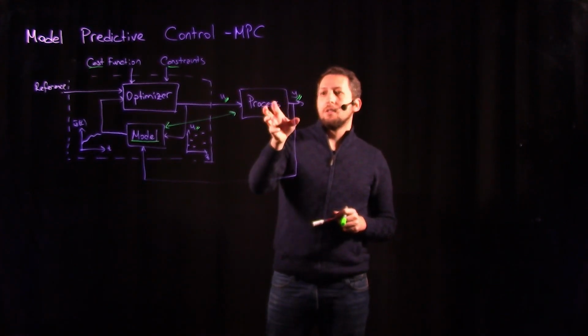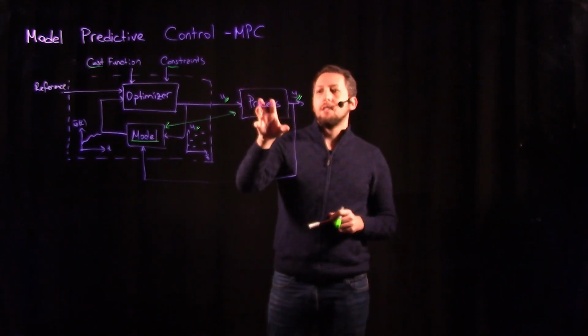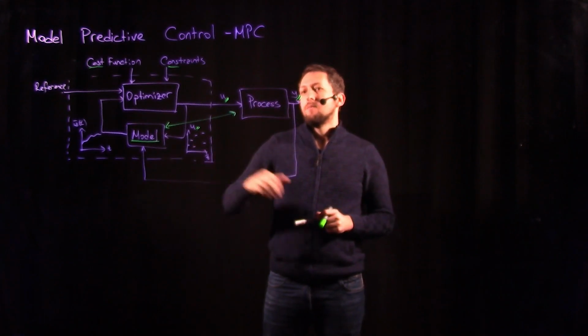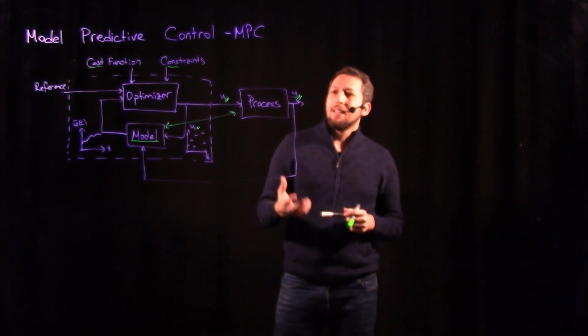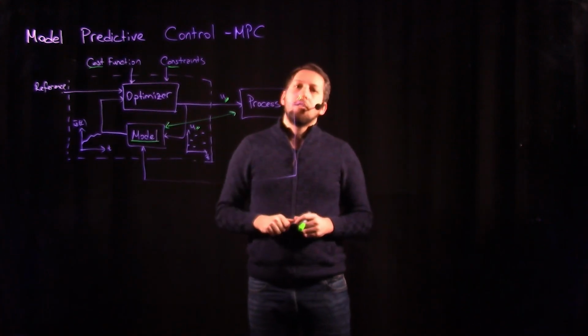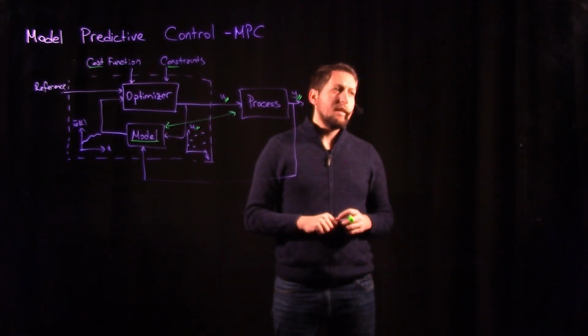Anything may happen in between, or there could be a disturbance to our process. The output may not be exactly the same as we have expected, and we need to optimize again and again in every time frame.